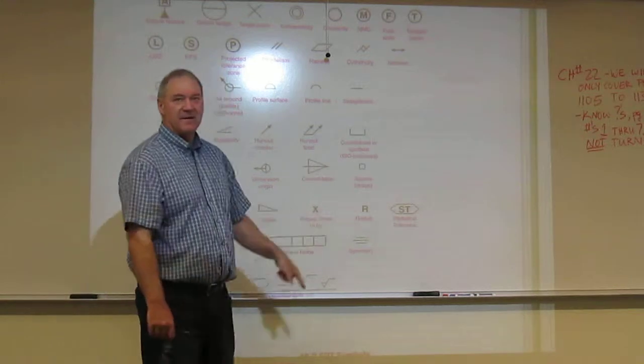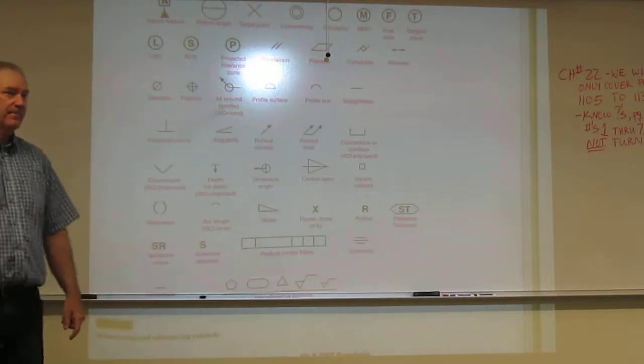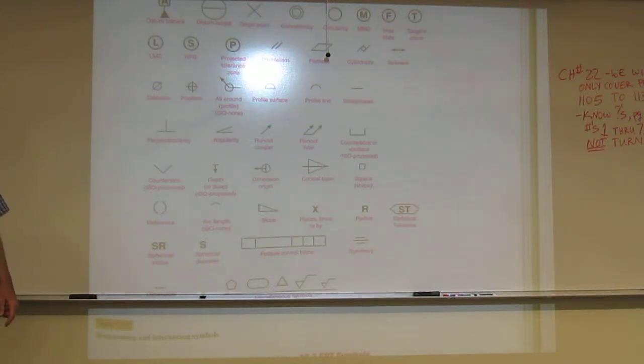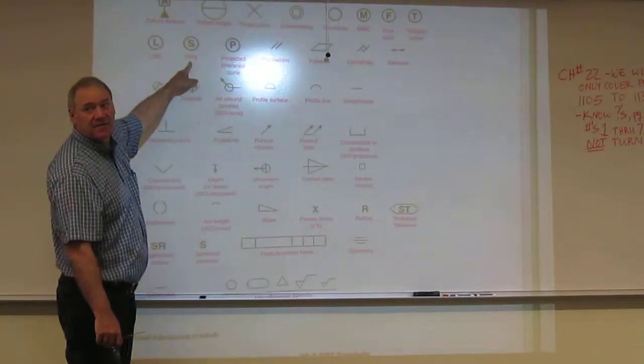A datum is a theoretical perfect plane or point used as a reference. Yes. Item 30, do you have to specify L or M or S? No. You don't have to. If you don't specify a condition, then it's going to default to regardless of feature size.